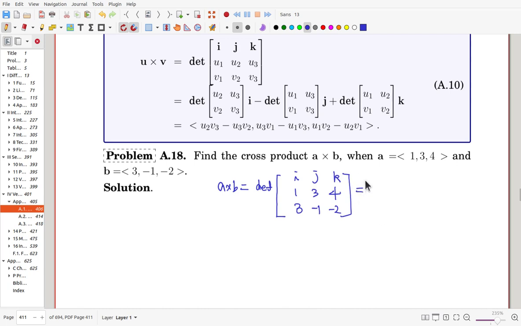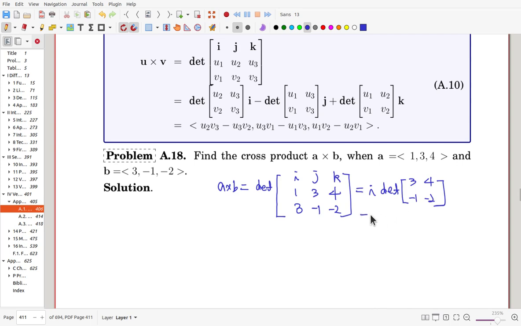So from this one, along with i, the minor is the determinant of this matrix, 3, 4, -1, -2.